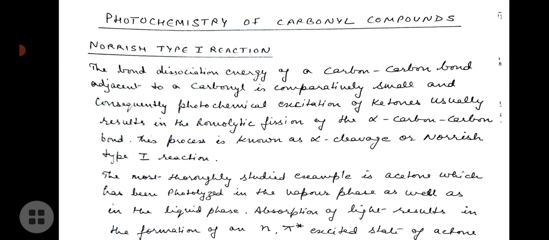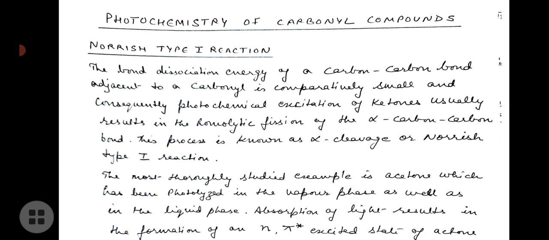The photolysis takes place generally in vapor phase. The bond dissociation energy of a carbon-carbon bond adjacent to a carbonyl is comparatively small, and consequently photochemical excitation of ketones usually results in the homolytic fission of the alpha carbon-carbon bond, and this is known as alpha cleavage.